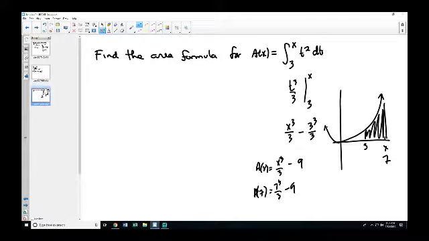All right, so I want to write down the actual Fundamental Theorem of Calculus part 2, because it does give us some info that we need.